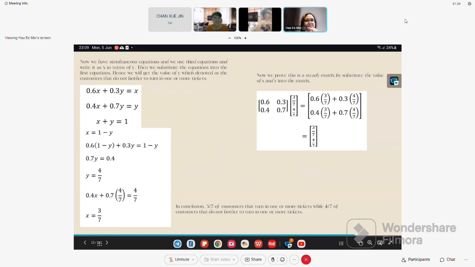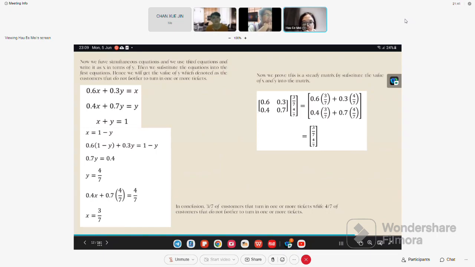Then we substitute it into the first equation, and we get y equals 4/7. Then we substitute the value of y into the second equation, and we get the value of x, which is 3/7.